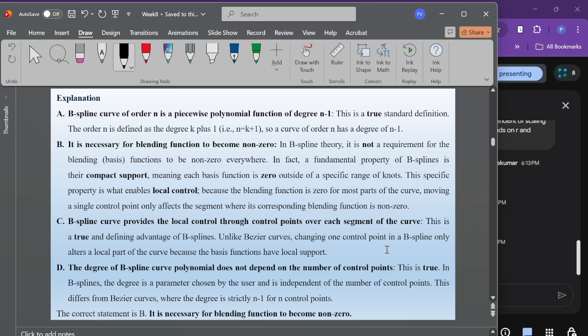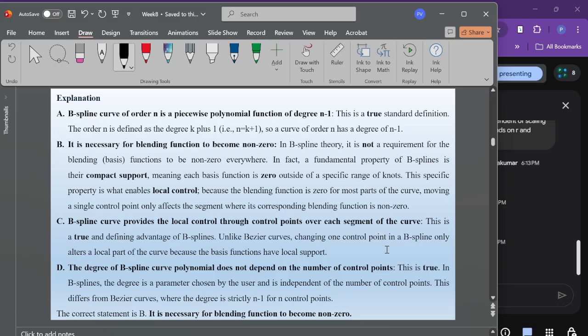Okay, and option C is the B-spline curve provides local control through control points over each segment of the curve. So this is a true statement, and it defines the advantage of B-splines. Unlike Bezier curves, changing one control point in a B-spline only alters local parts of the curve because the basis functions have local support.